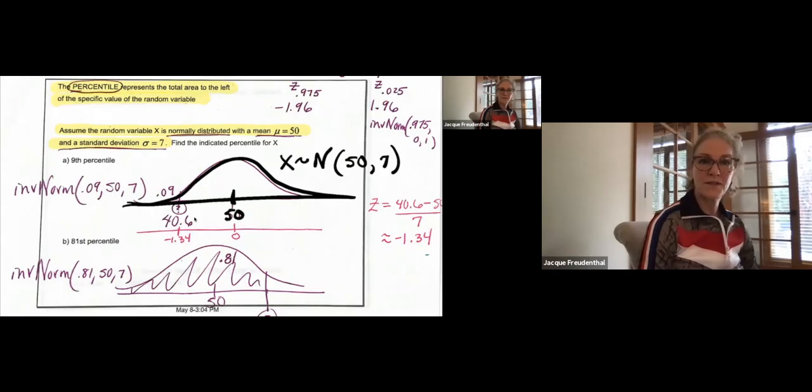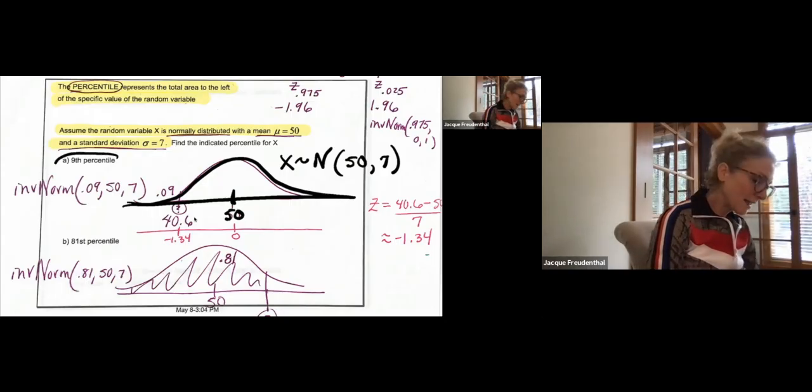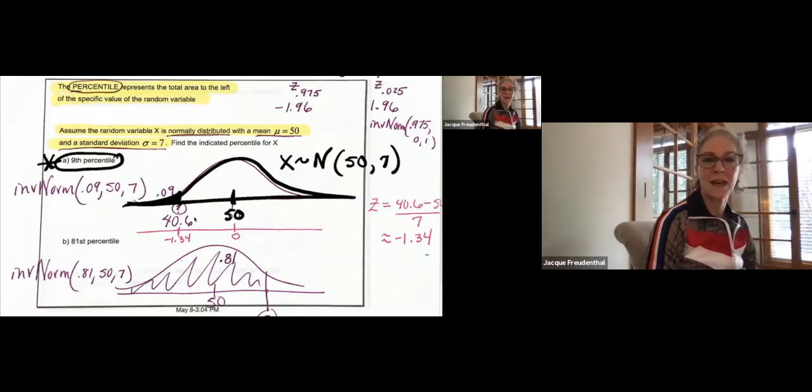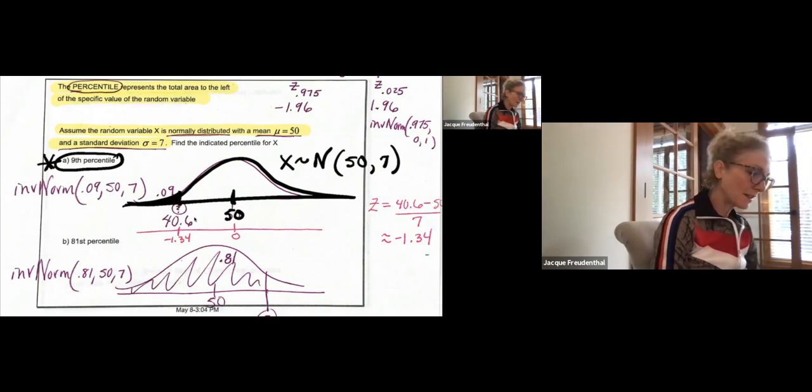Okay, we want to find the indicated percentile. So the 9th percentile means the area to the left is 9%. So shading this area would represent 9%. We are trying to find what is the location on that number line that gives me 9% of the area to the left.